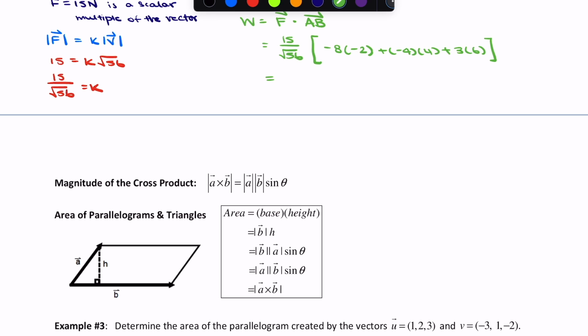Here we get an answer of 15 over 2 square root 14 times 18. We can simplify that by cancelling out the 18 and 2, or we can just write it as 135 over square root 14 joules.